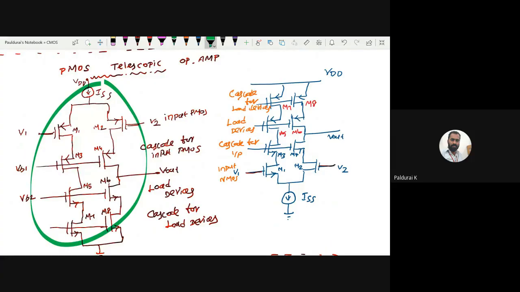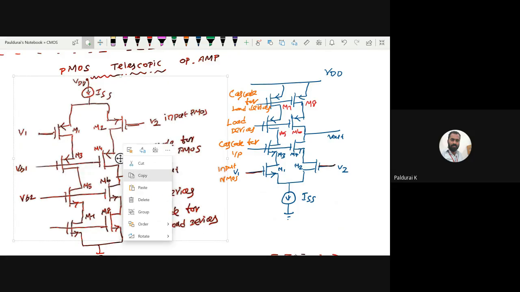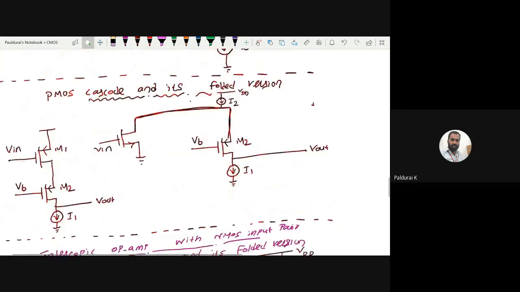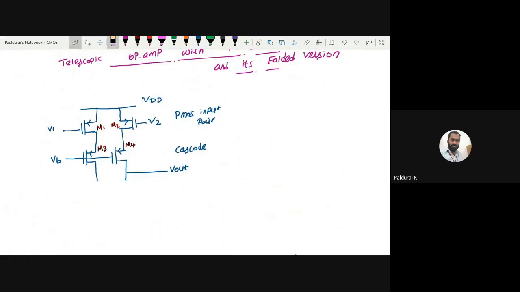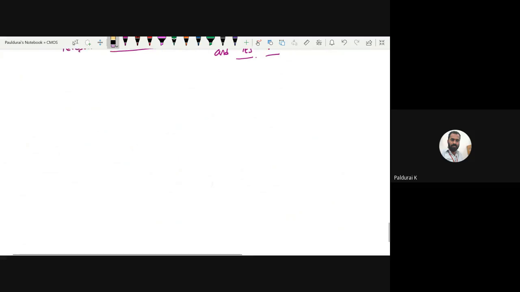Straight away, can I take this in order to save my time? Then I only need to draw the folded part. With your permission, let me copy this to save my time. I don't want you to just study by yourself. So I'm pasting that, and I will let you know how to sketch that folded version alone.